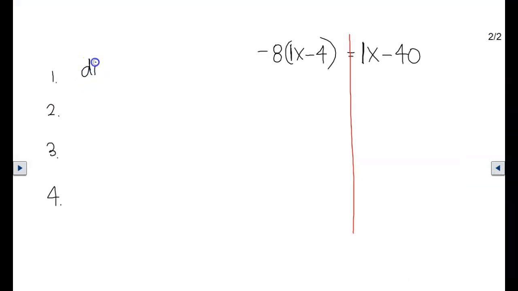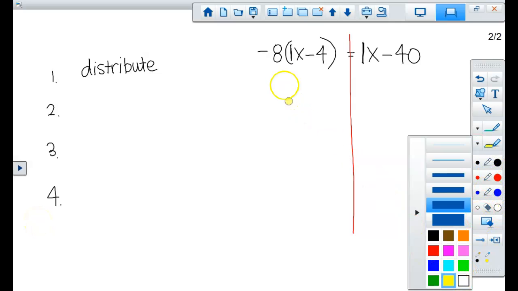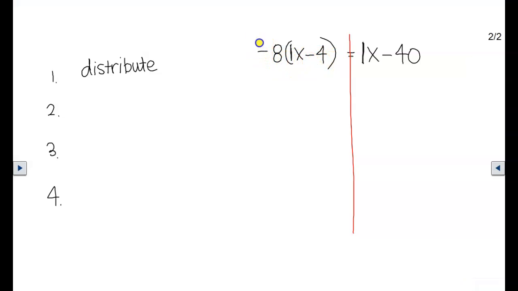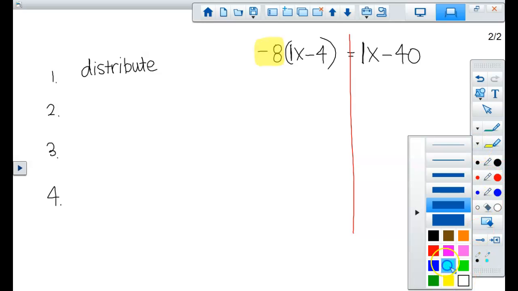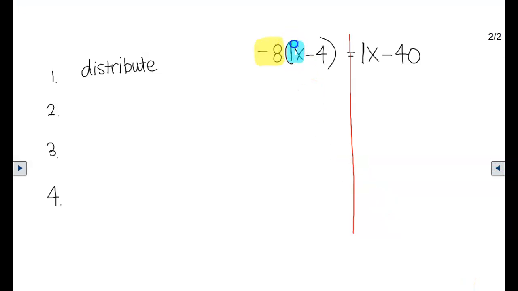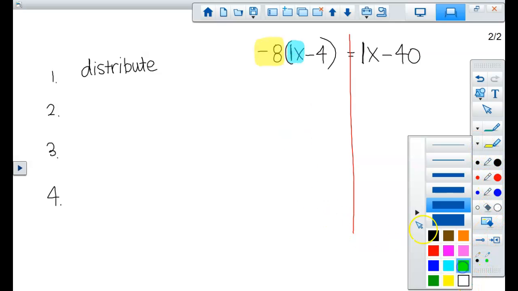Step 1, let's see if we need to distribute. Do we have a number being multiplied by a group? I do believe we have that. On this left-hand side, we have the number negative 8 being multiplied by the group x minus 4. So that group has the members 1x and negative 4.